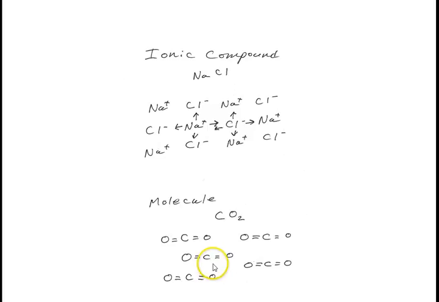So in a molecule, each of these carbons and two oxygens are distinct units, separate from the others. Whereas in an ionic compound, they are not. Each cation is interacting with all the anions around it, and vice versa.